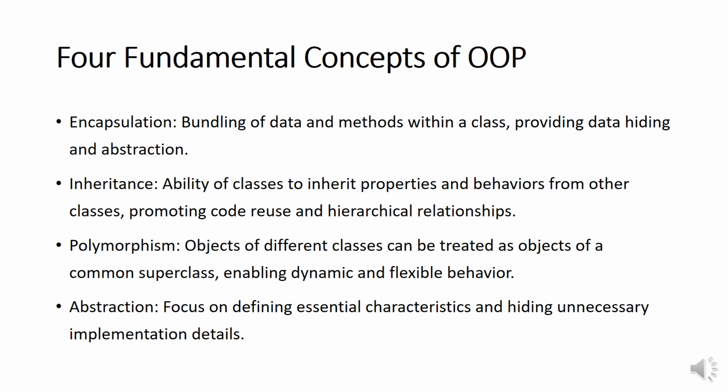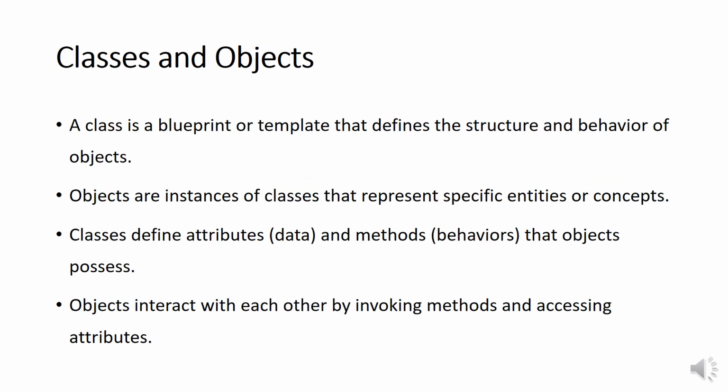The other one is abstraction, which focuses on defining essential characteristics and hiding unnecessary implementation details. So those are the four concepts of object-oriented programming that we are going to look at later during this session.